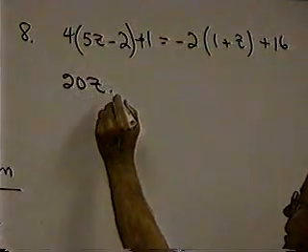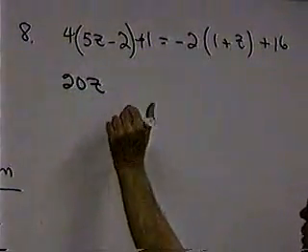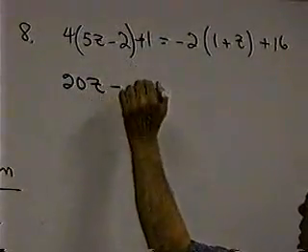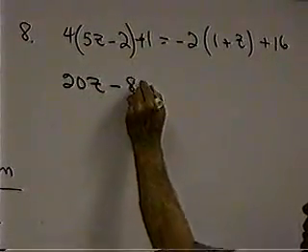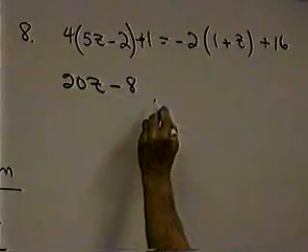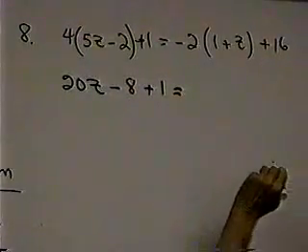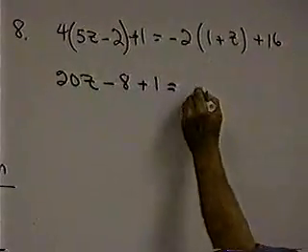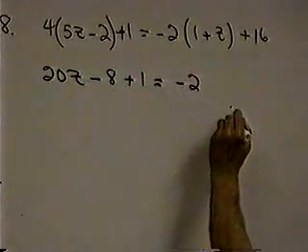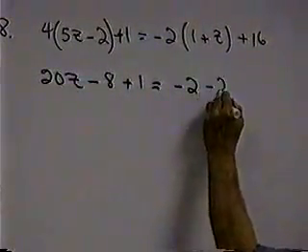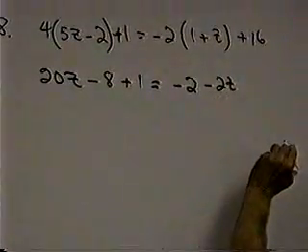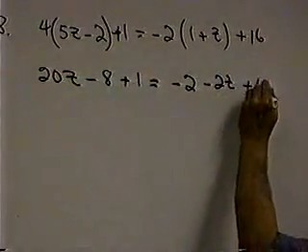And I put a mark through these so it doesn't look like a 2. 4 times 2 is 8. And then plus 1. Then over here we have minus 2 times this is a minus 2z plus 16.